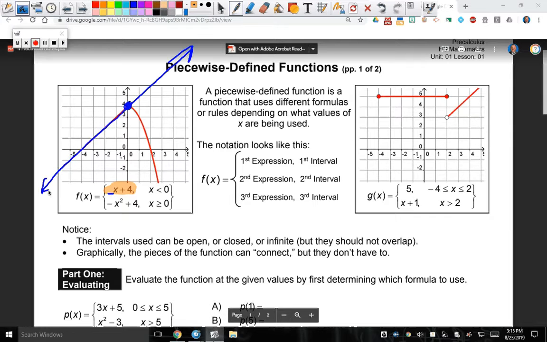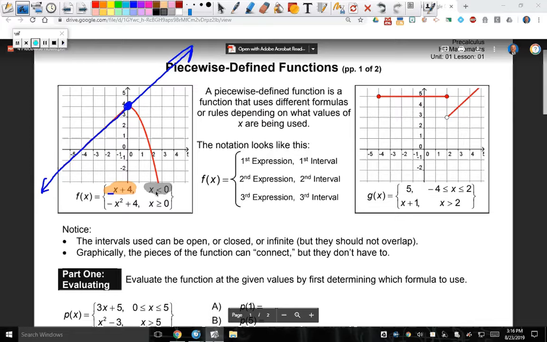this. You learned how to do this in Algebra 1. What we're adding to it now in Algebra 2 is where you're actually going to draw. You're not going to draw it everywhere. You're only going to draw, look at this very carefully, when x is less than 0.